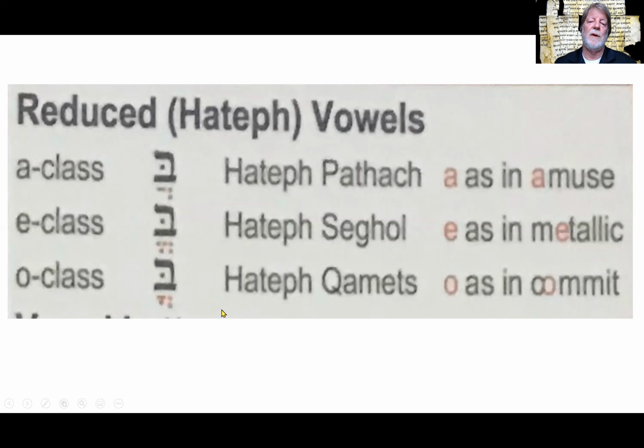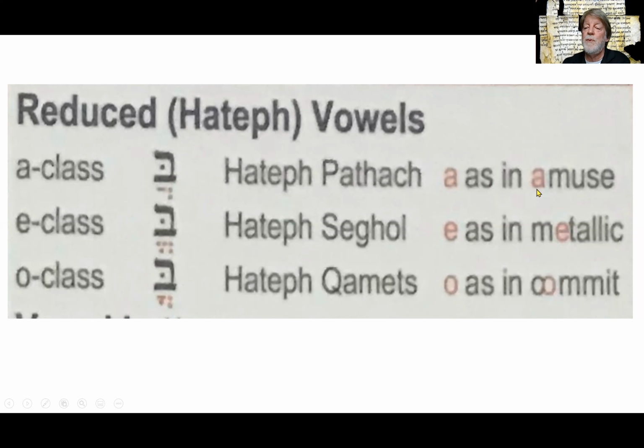The next vowels that we are going to learn are all reduced or Hateph vowels. Remember that a Hateph is a hurried vowel. An A class of vowel would be a Hateph patach. Remember, the patach is the horizontal line that looks like a dash underneath. But the thing that hurries it or makes it shorter in pronunciation is the shva beside it. So Hateph patach is pronounced as an A sound, as in the word amuse.